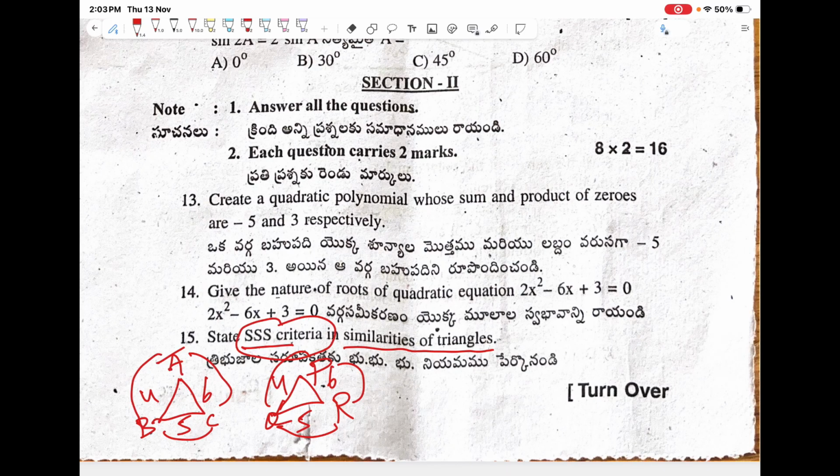Since the corresponding sides are maintaining an equal ratio, this comes under the triple S criteria of similarity. We can write triangle ABC similar to triangle PQR.